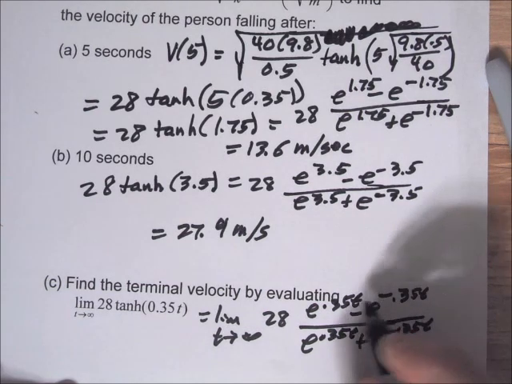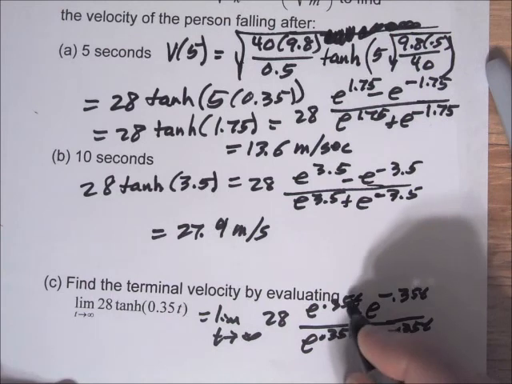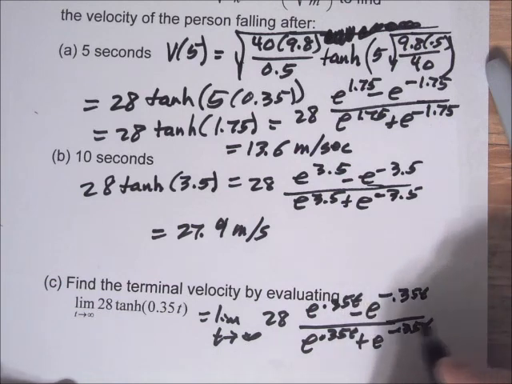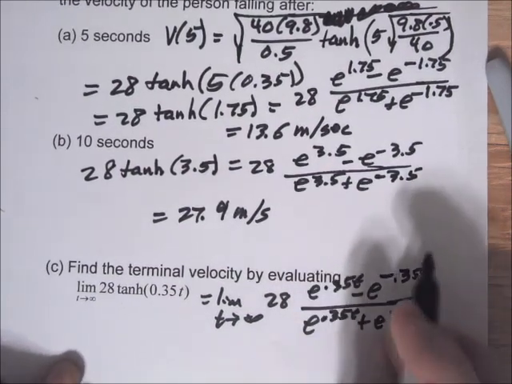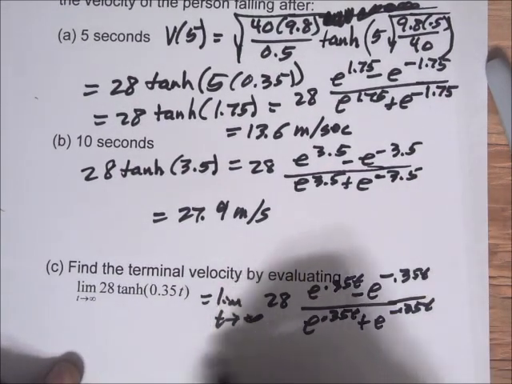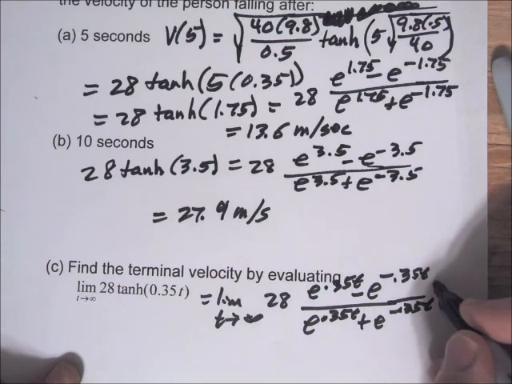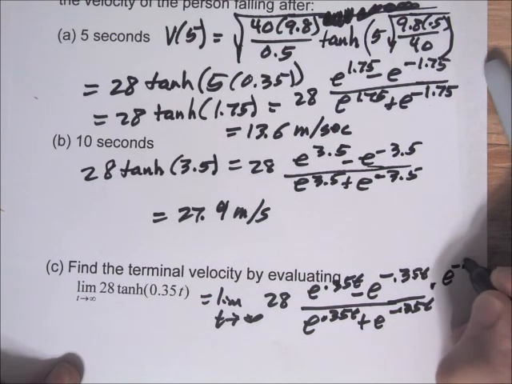And as t goes to infinity, this is going to be dominated by these two terms here, which go to 1. It's going to be very close to 1. So this is going to be 28, if you multiply top and bottom by e to the minus 0.35t.